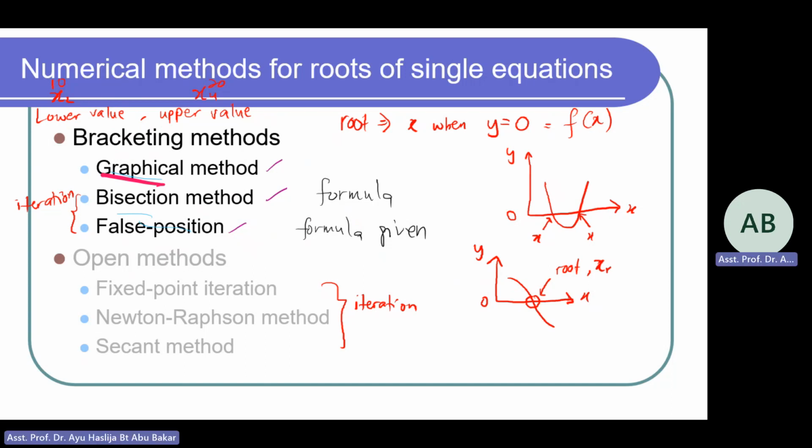The question will give you, do the iteration until ES equals 2%. So you must do the iteration, no matter how many iterations, as long as the ES is below 2%. Otherwise, the question will say do until the 5th iteration. So the question will guide you when to stop the iteration.